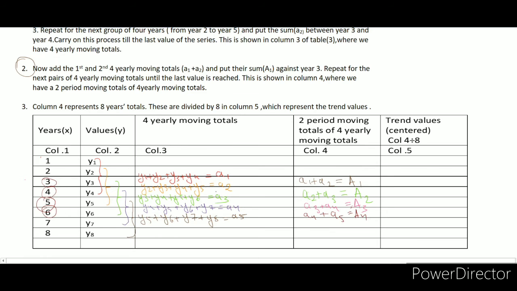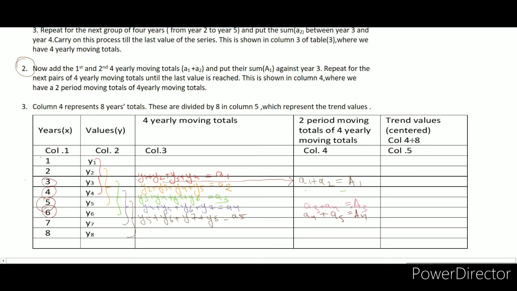Okay, so before you get confused, remember these are not centered, they are not assigned to any particular year, whereas these values are assigned to a particular year. So let me write this part properly so that it falls directly against a year and not in between.